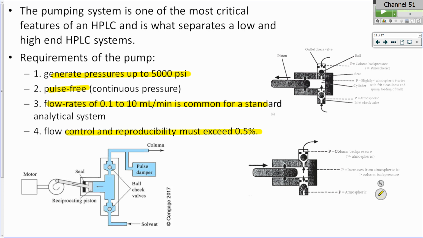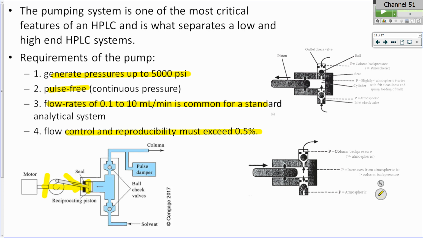So the common design that's been adopted has a syringe that goes back and forth. This syringe has tight seals around it. Most commonly, these are made out of a sapphire rod that, as it pulls back, is just like a syringe as you would suck something up in the syringe.